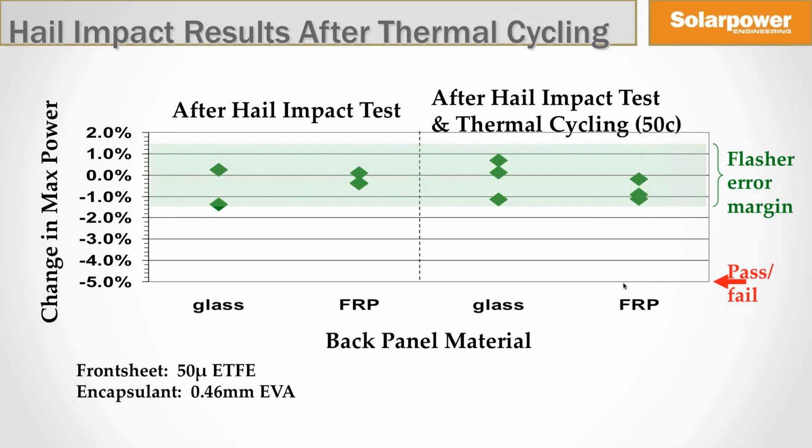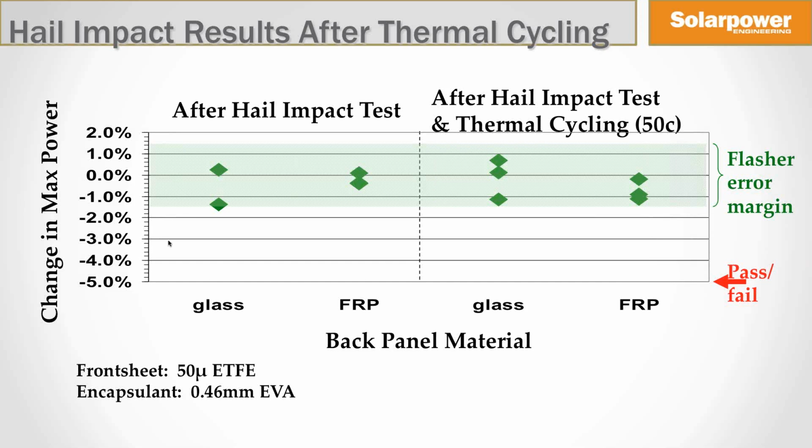What is plotted over here is when these modules were made with ETFE front sheets, they were compared with conventional modules, and the change in power of these modules with ETFE front sheet was tested after hail impact.